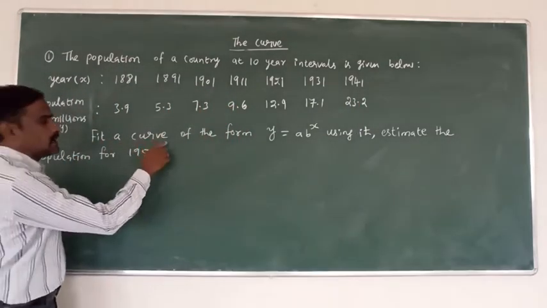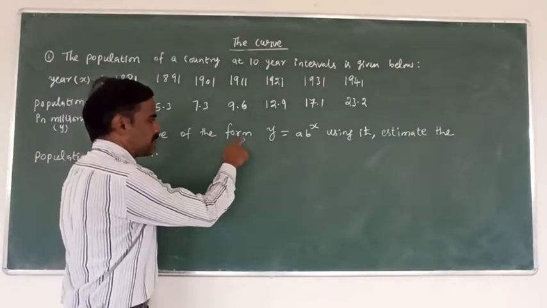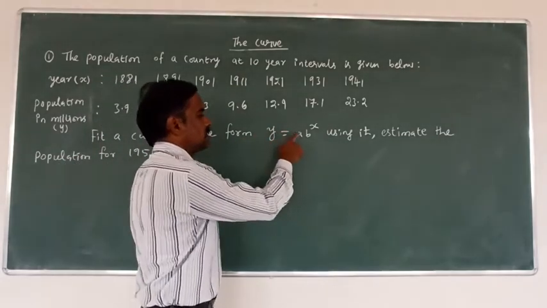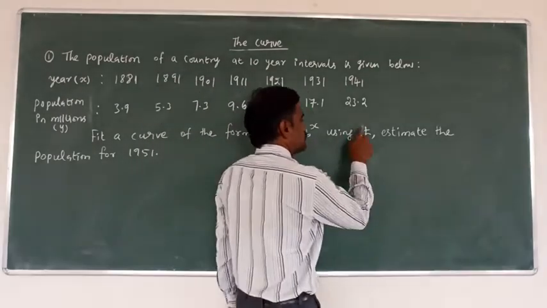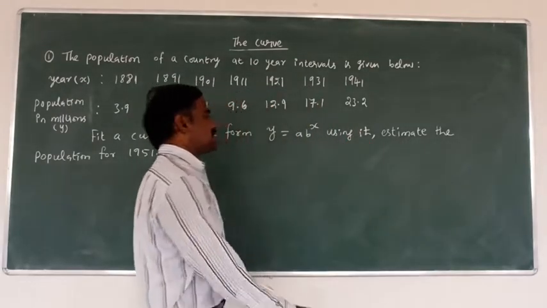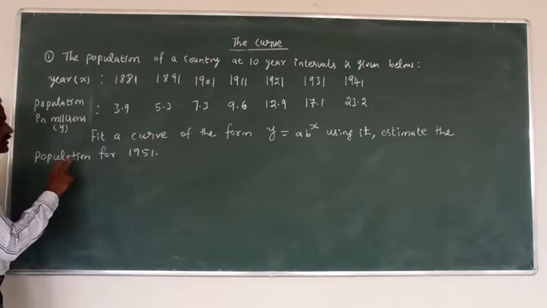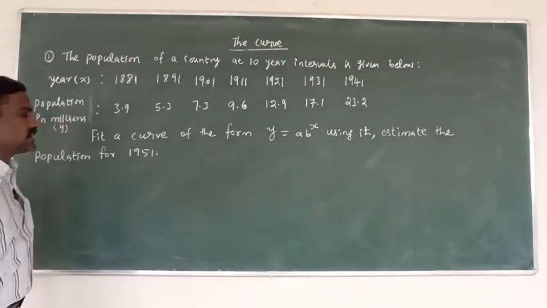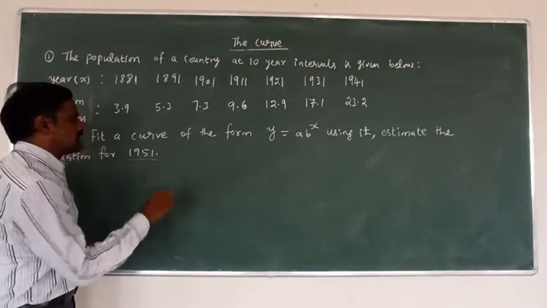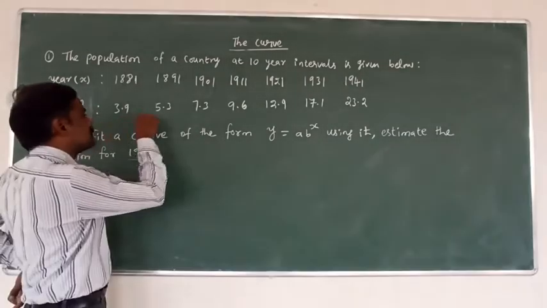To fit a curve of the form y equal to a b power x, and use it to estimate the population in the year 1951. Now to estimate 1951, what is the population?